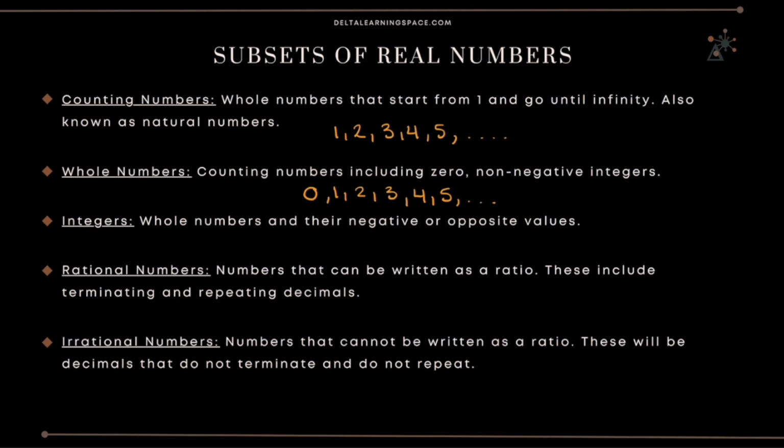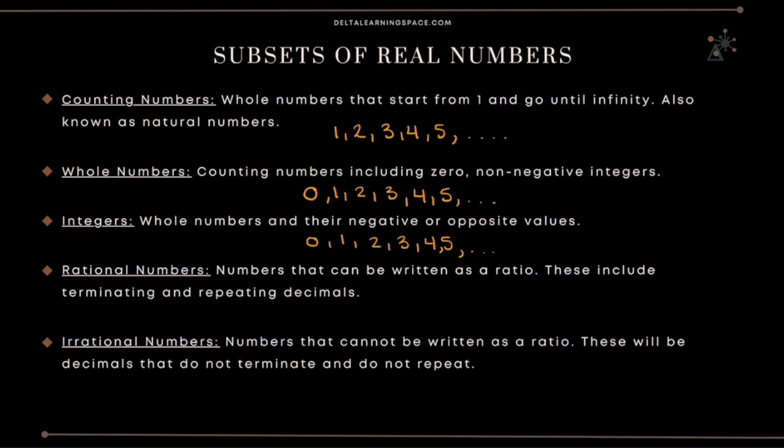Our integers will be our whole numbers and their negative or opposite values. So let's see what that looks like. First, I'm going to include our whole numbers, 0, 1, 2, 3, 4, and 5. And their negative or opposite values will be to the left of the 0.